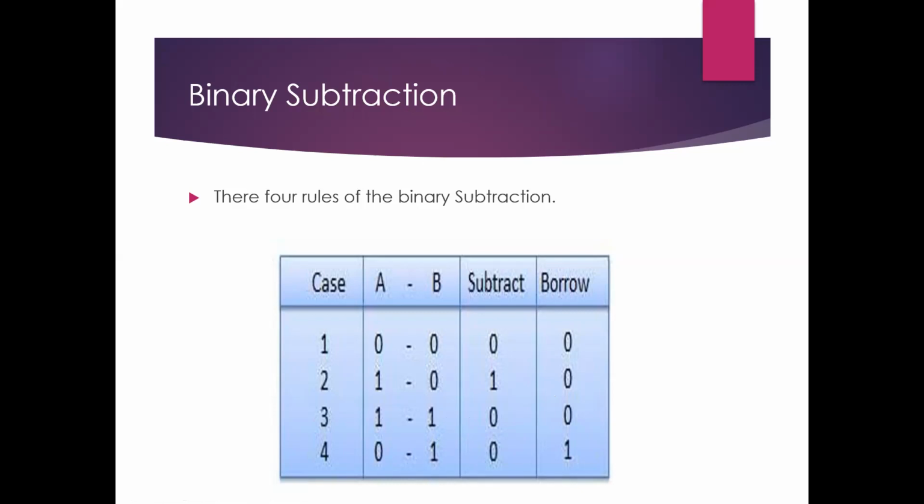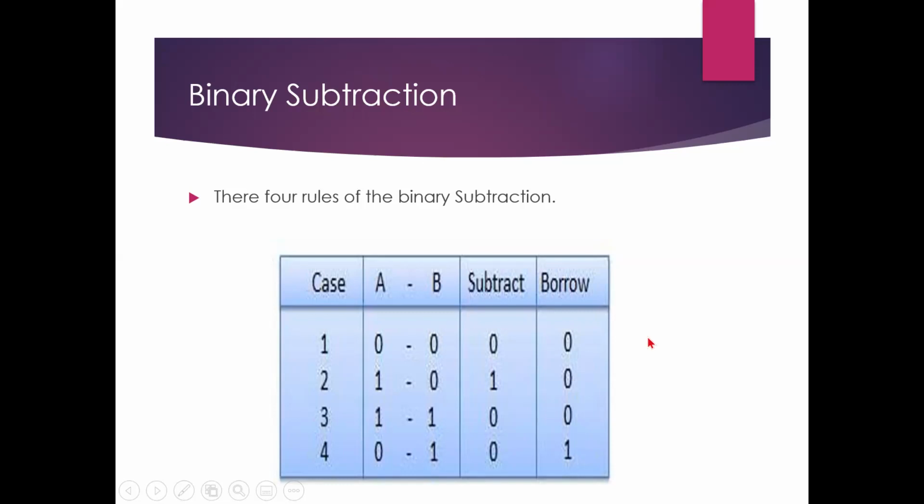So you need to borrow 1. When you borrow 1, this becomes 1, 0. 1, 0 minus 1 is 1, right? So that's how here it is going to be 1. It's not 0. The result of subtraction is 1, and you had borrowed 1. So these are the 4 rules of binary subtraction.